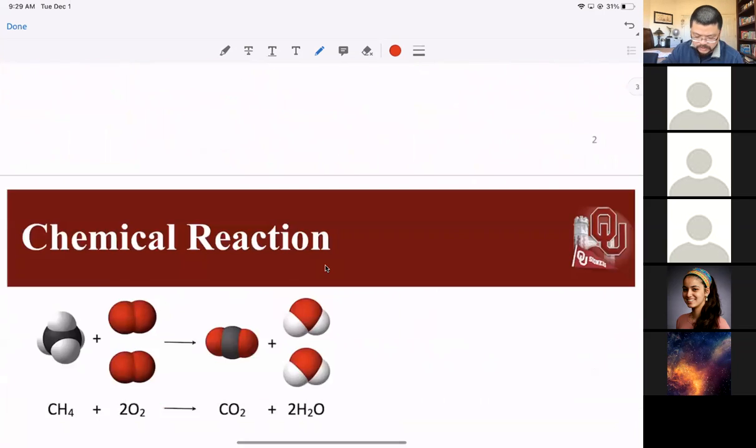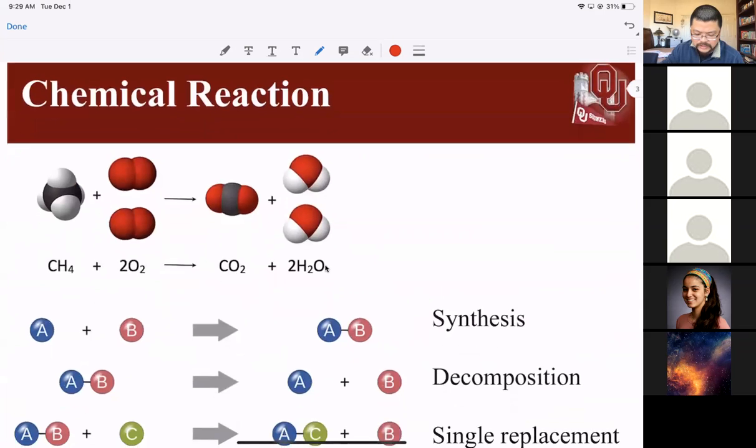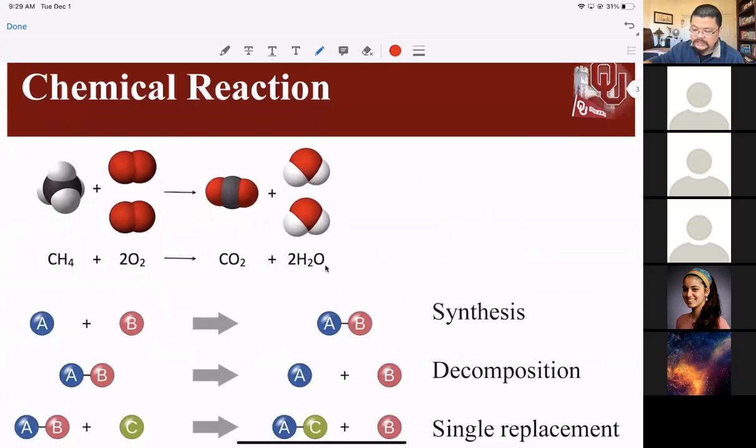Now if we look at the general things about chemical reactions, here I'm using the natural gas reaction. This is how I prepare my breakfast, I believe. So methane is burning, reacting with oxygen, and will produce CO2 and water. And of course, we have other types of complicated reactions.